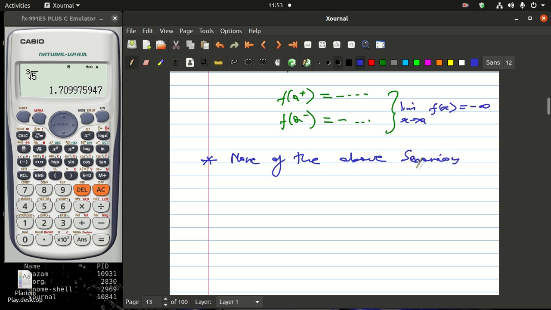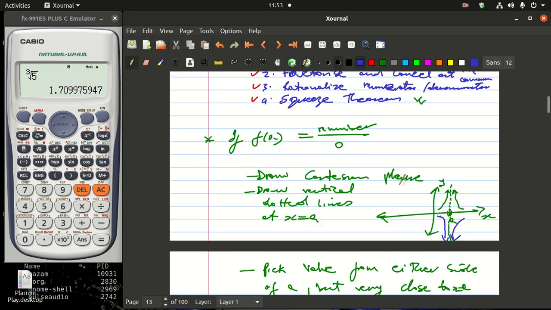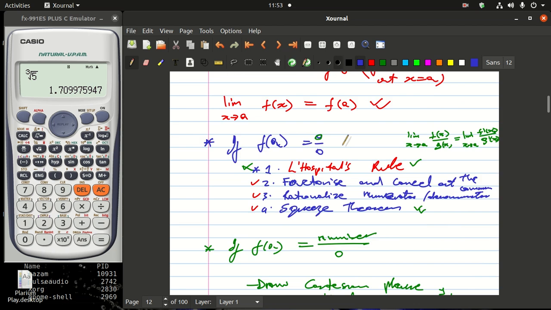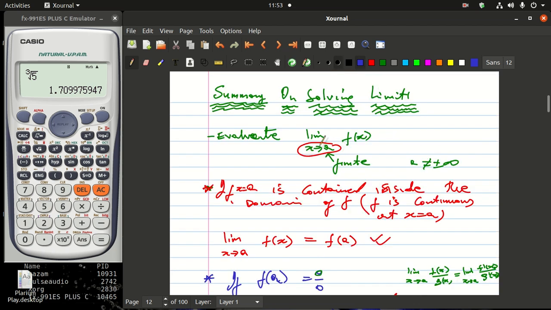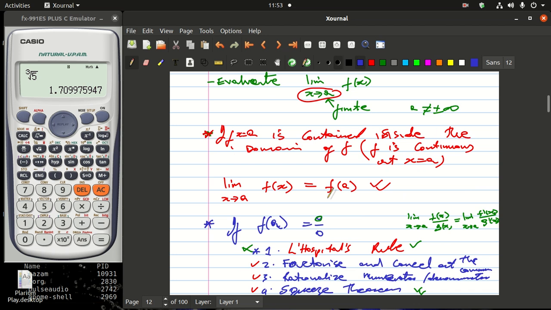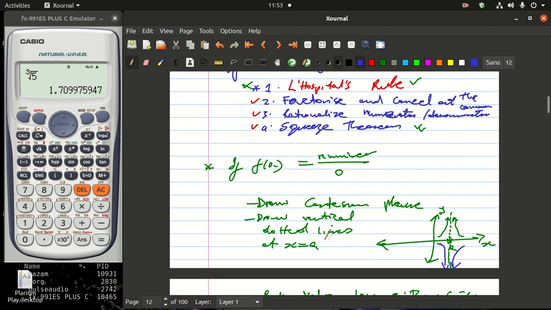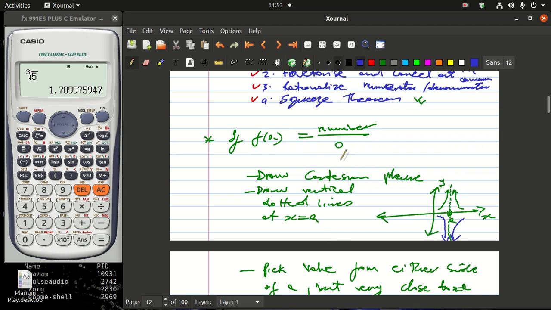If none of the above scenarios happens, so when you are plugging in, you are not getting a number over 0, or you are not getting a 0 over 0, or f is not continuous at that point, and you are not getting a 0 over 0, and also you are not getting a number over 0.